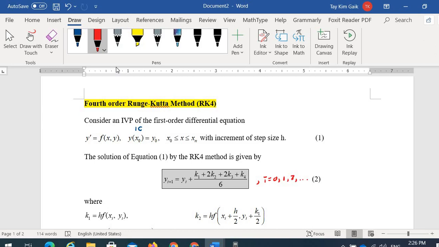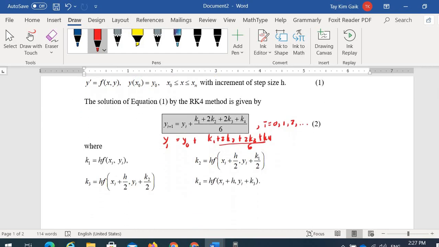Given y naught, we can find y1, which is y naught plus (k1 plus 2k2 plus 2k3 plus k4) divided by 6.